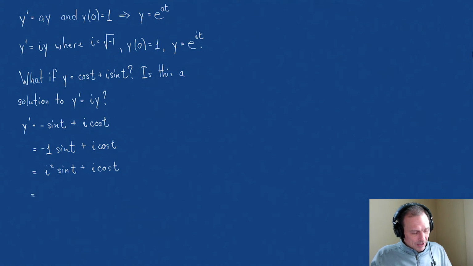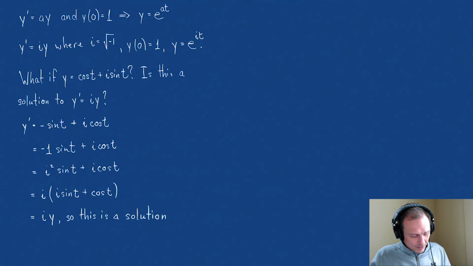Well, if I factor out the i, I can write this as i times i sine of t plus cosine of t. But wait a minute, cosine of t plus i sine of t, that is just y. So this is i y. So this is a solution.